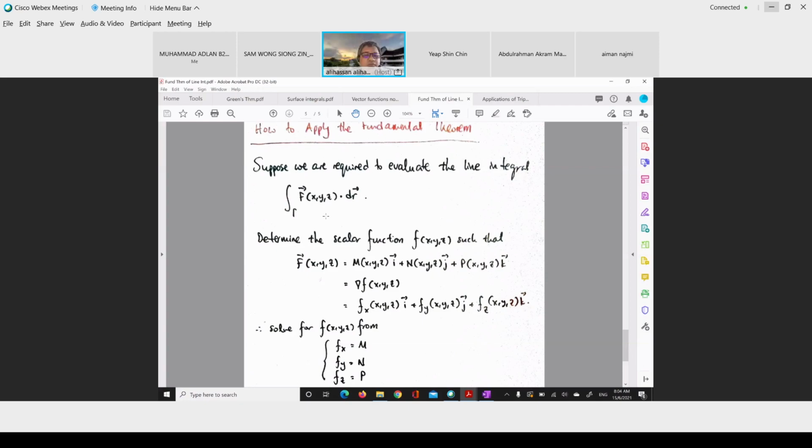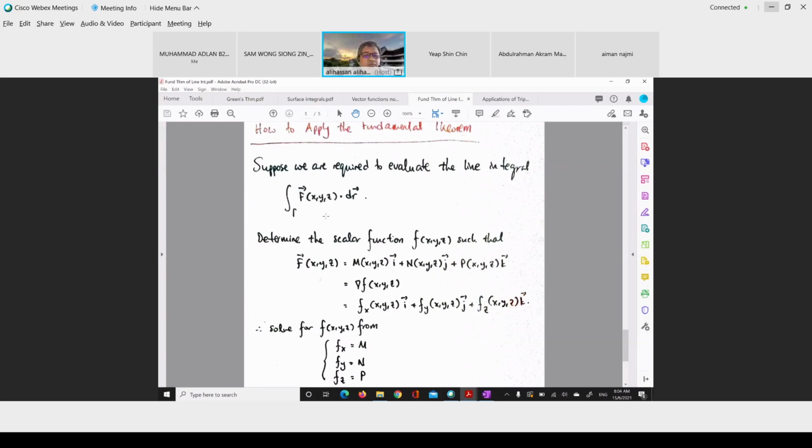In these lecture notes, we look at some examples of evaluating line integrals of a vector field using the fundamental theorem of line integrals. In this example, we do the conservative field test and show that the vector field F is conservative.